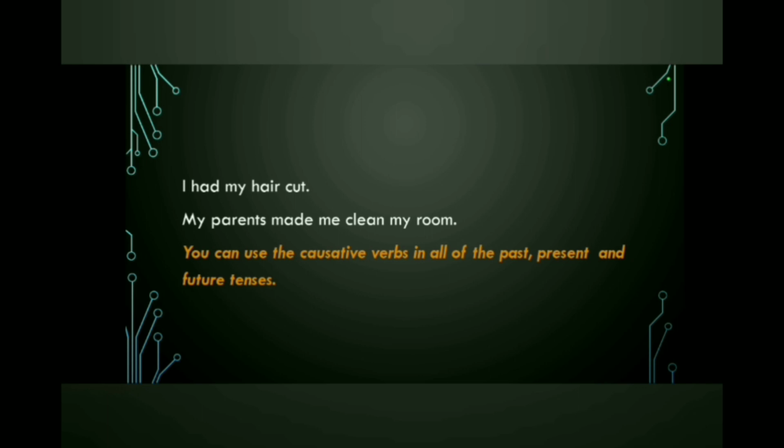Another example, my parents made me clean my room. Let's go into a little bit more detail because each verb is different. But one thing to note is that you can use the causative verbs in all of the past, present, and future tenses.